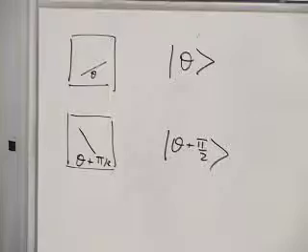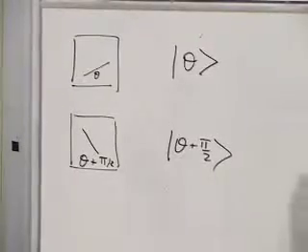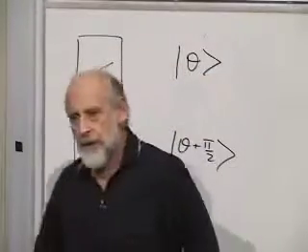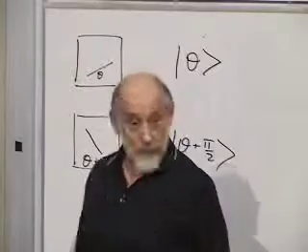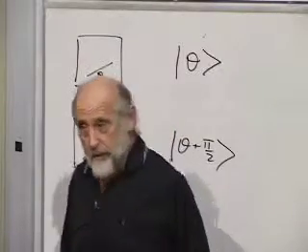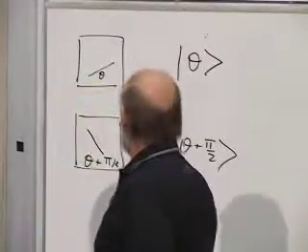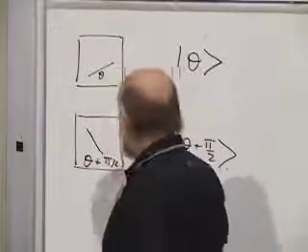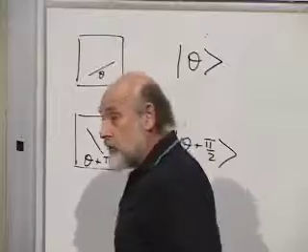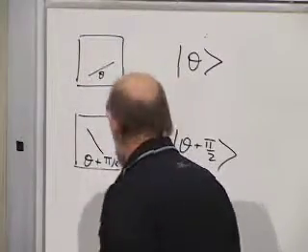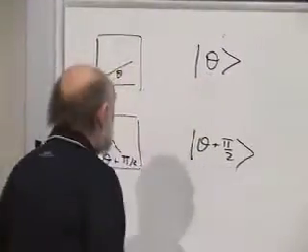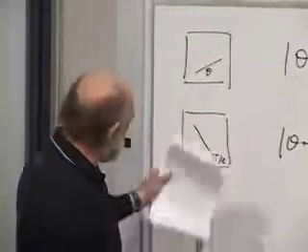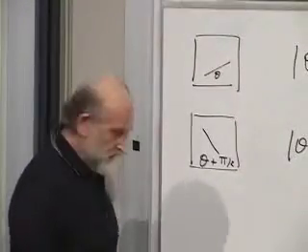In fact, if this goes to a vertical polarizer, it may get blocked, or it may not. So we don't expect this to be orthogonal to the vertical polarization or the horizontal polarization, or for that matter, the 45-degree polarization. But they should be perpendicular to each other.